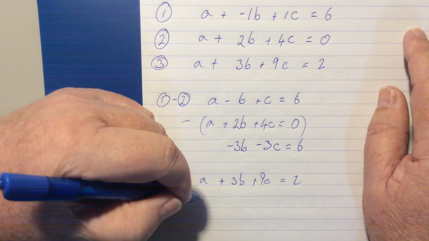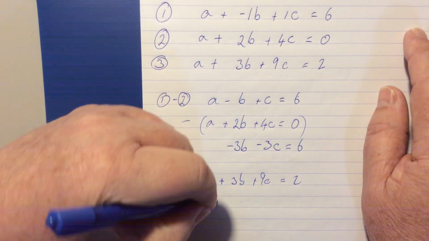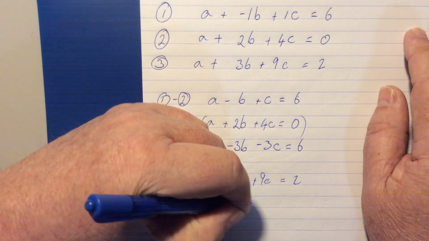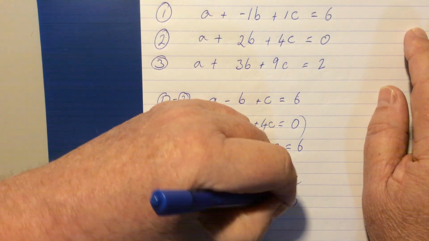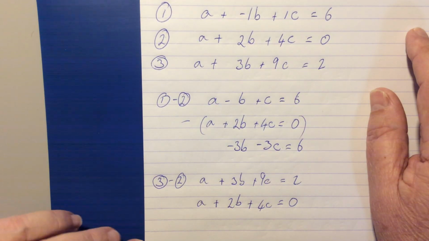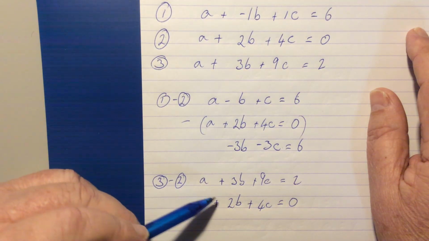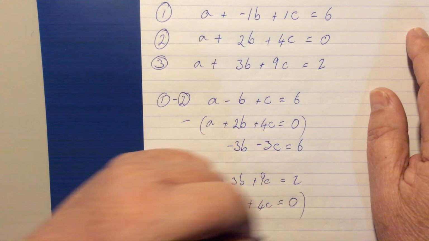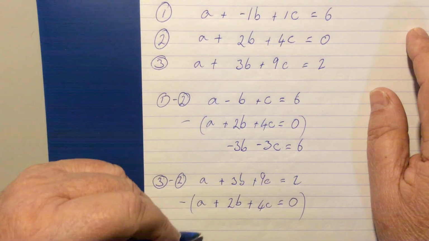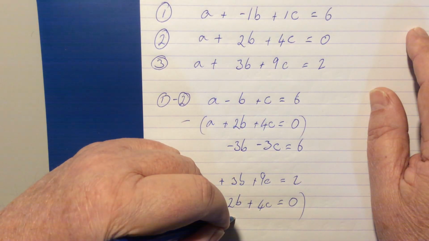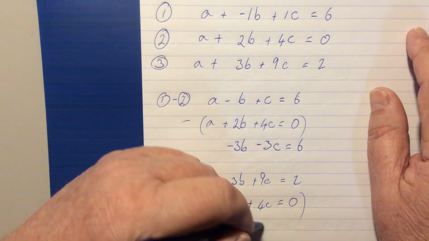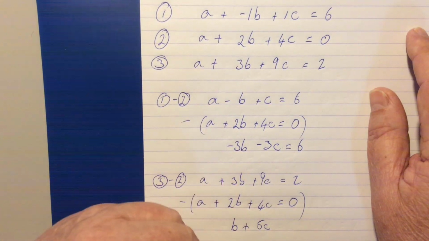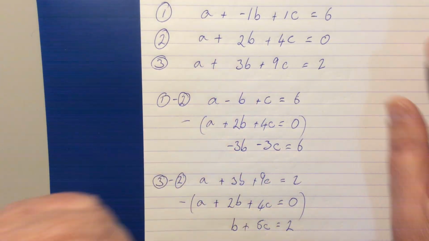And equation 2 is a plus 2b plus 4c equals 0. And what I'm going to do here is subtract again. So the a's go missing. 3b minus 2b is b. 9c minus 4c is 5c. So b plus 5c is equal to 2.